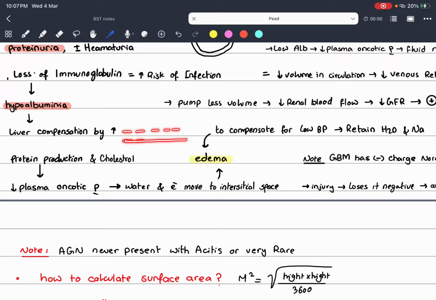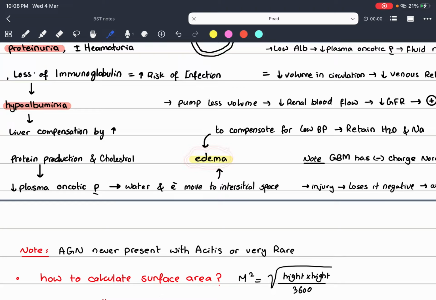But because of the decreased oncotic pressure, the difference of pressure normally keeps the protein from moving, but when the oncotic pressure is different from this area to this area, it will reduce, so the fluid will start to leak out. This is an important pathophysiology in so many diseases. So water and electrolytes move to the interstitial space, causing edema, and this is also one of the criteria.